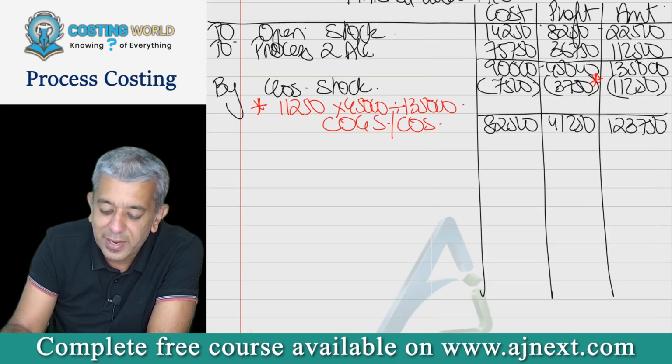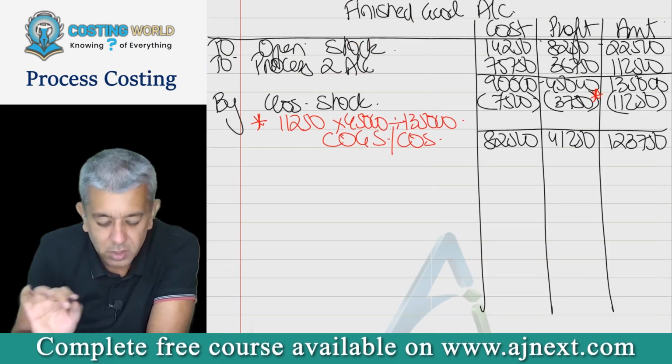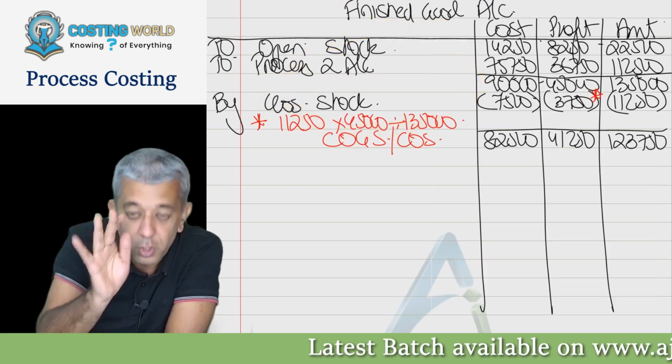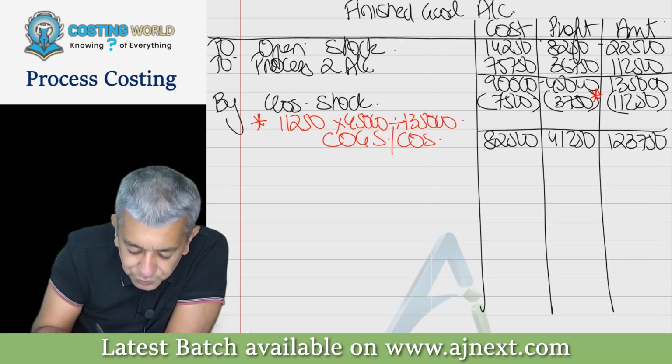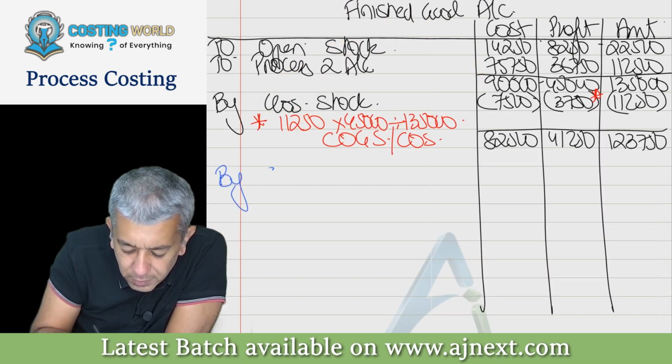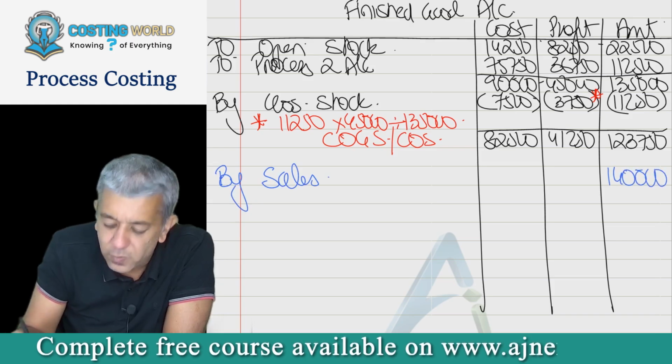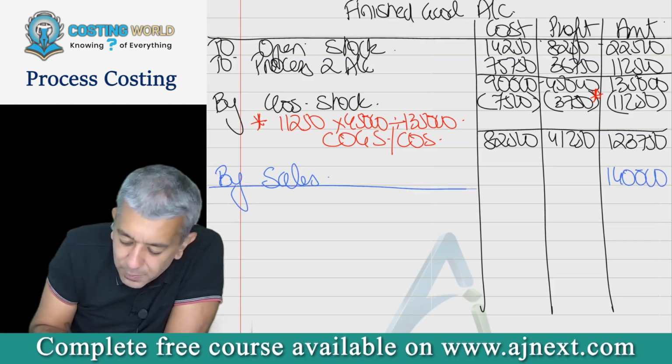They get it just by writing one more thing in this account. What they all do, in the finished goods account itself? Listen very carefully. They write down over here by sales. Sales in this particular case is how much? 1,40,000. Okay. Pick up your calc.